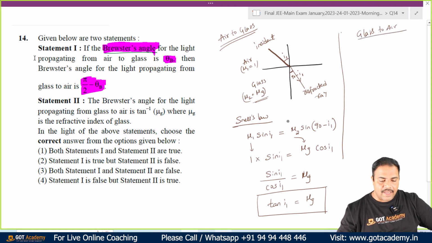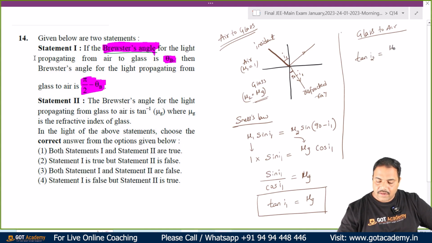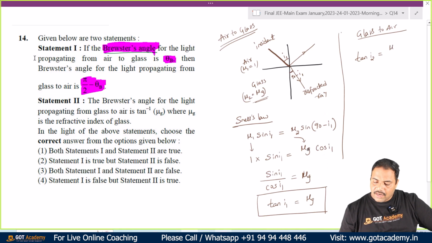Glass to air, like this. In the previous case we got tan I1 is equal to mu g. In the next case, tan I2 is equal to air by glass, since previously we got glass by air.